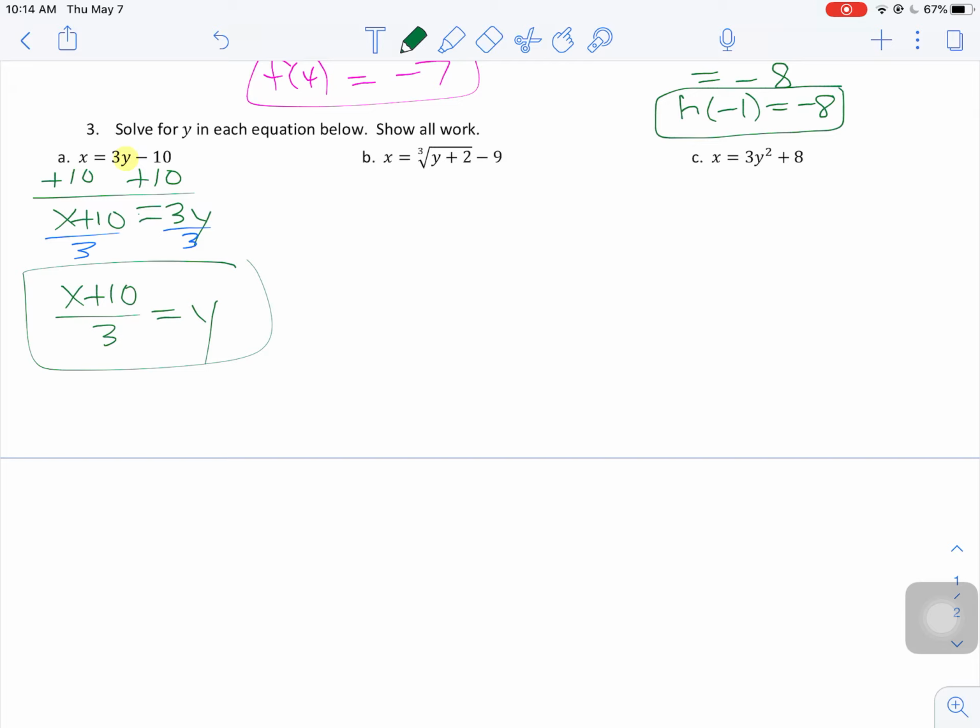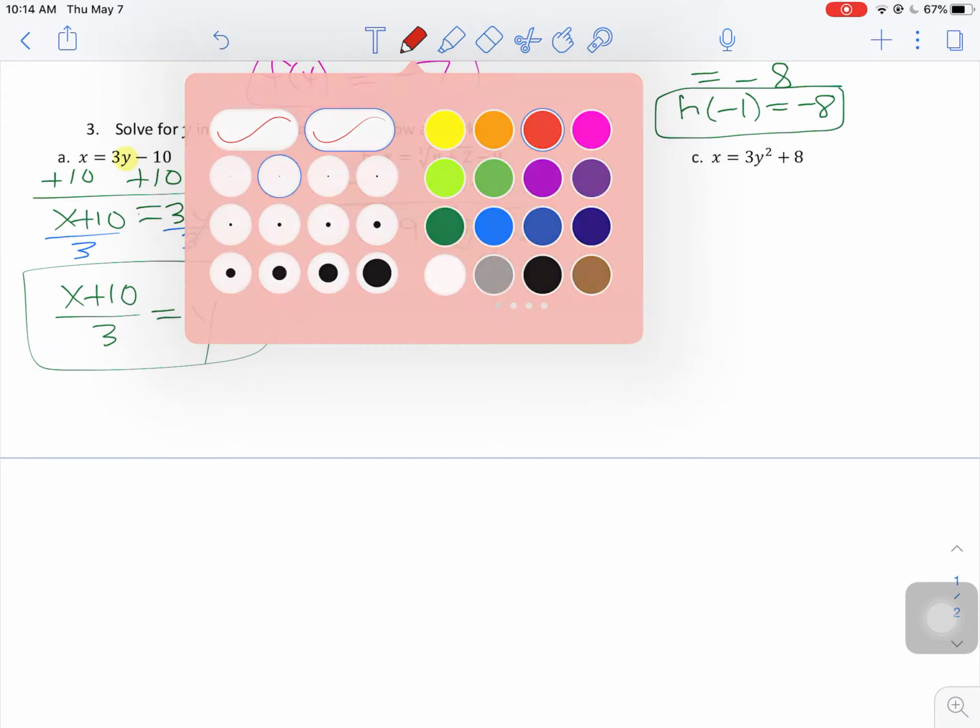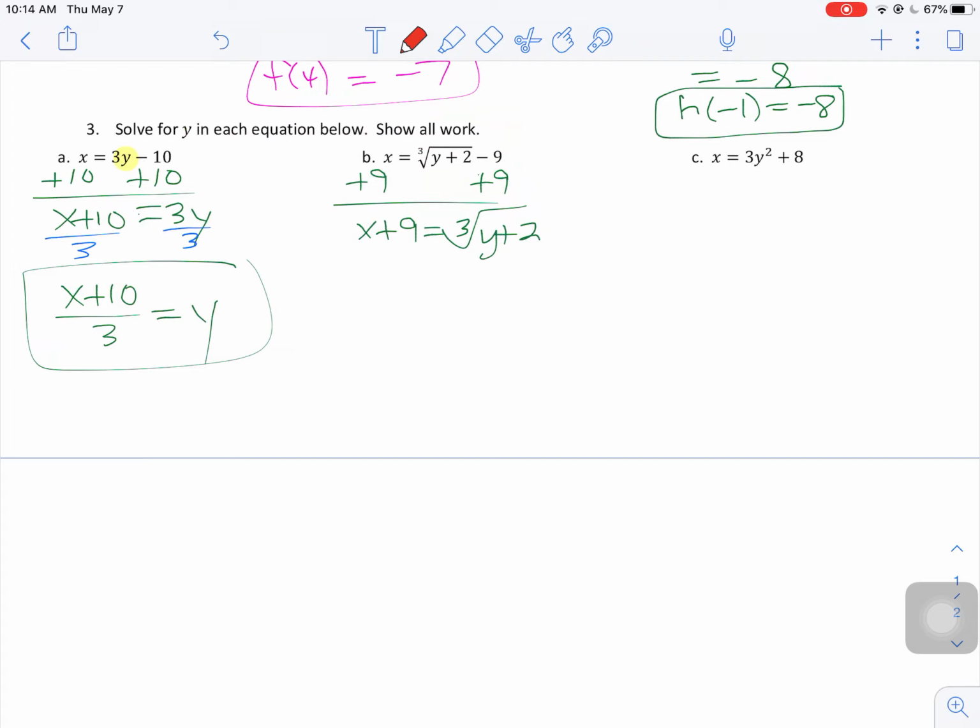For part B, I want to isolate the radical first before I try to get rid of it. So I want to add 9 to both sides of the equation to get rid of that -9 in the back. And then in order to undo something that has a root, you just raise it up to the exponent that matches the index.